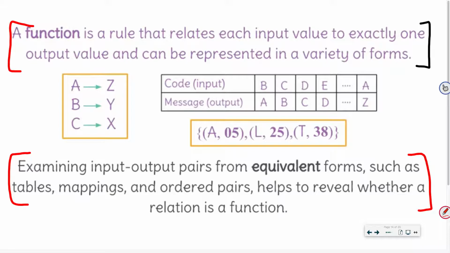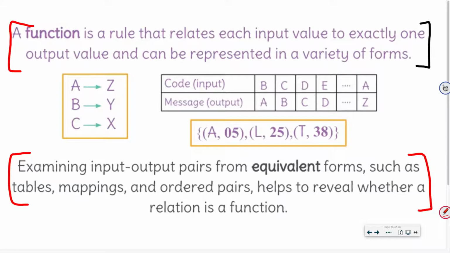So all of these codes are functions, sort of. And that second section, examining input-output pairs from equivalent forms, such as tables, mappings, and ordered pairs, helps to reveal whether a relation is a function.